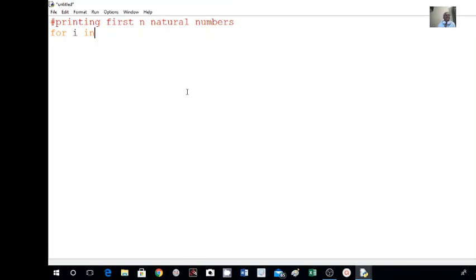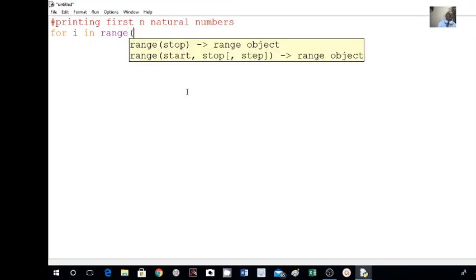Here in Python, for i in, I'll give a range here; range or set, anything we can give here. Usually we follow range, bracket open, 1 comma 11.